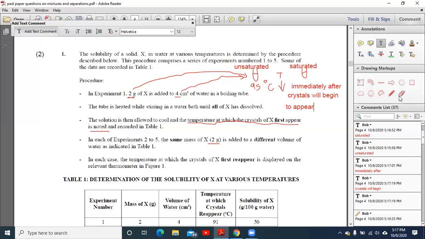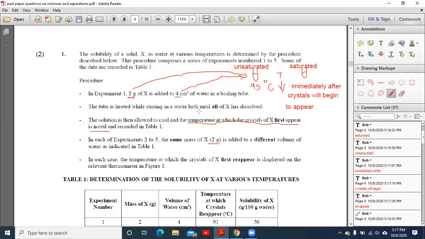So this temperature T here that they are recording is the saturated temperature. You can call it, let's say, T degrees Celsius, which those saturated temperatures are the temperatures that you would usually plot on a solubility curve, right? So understanding this now, it's easier to follow through with the question.